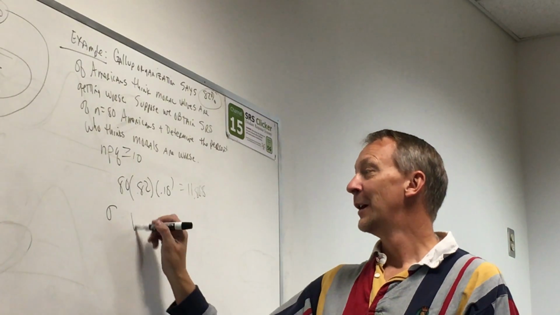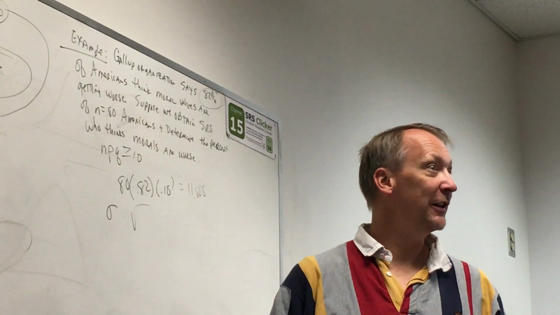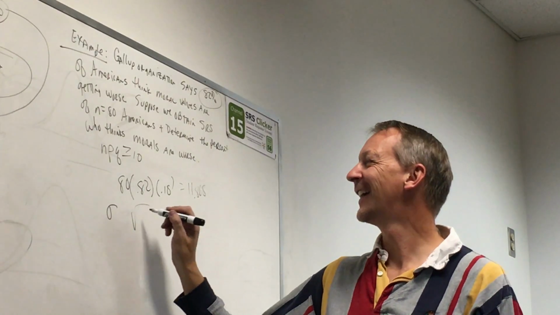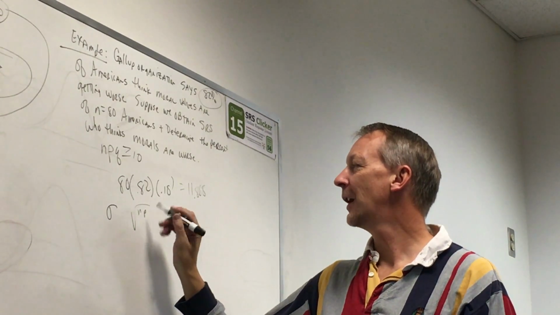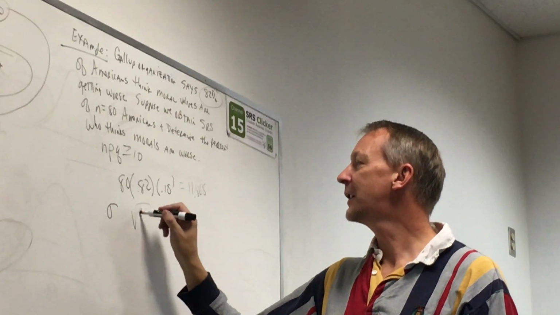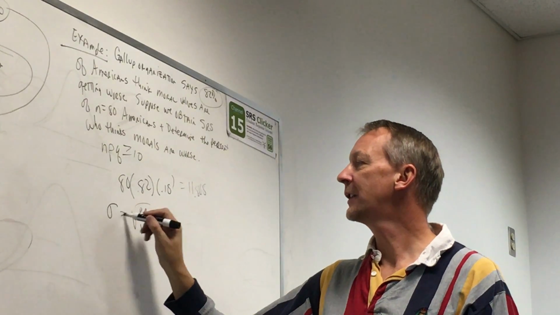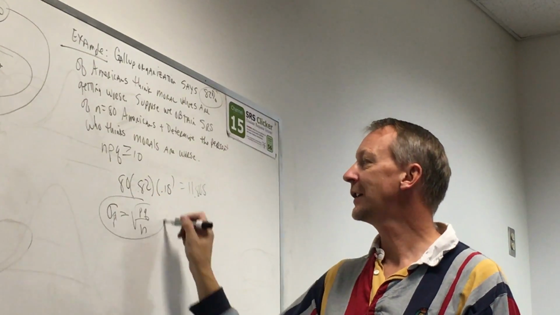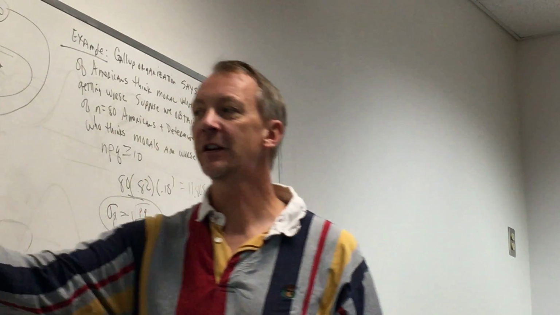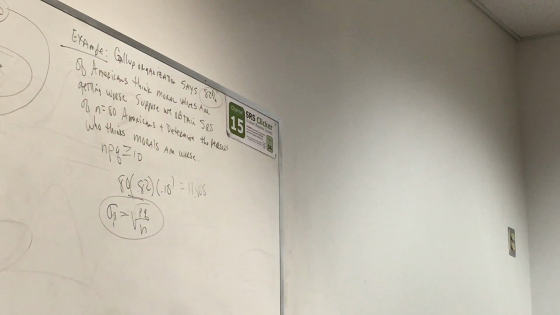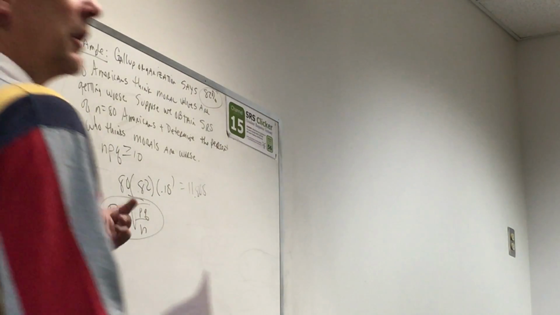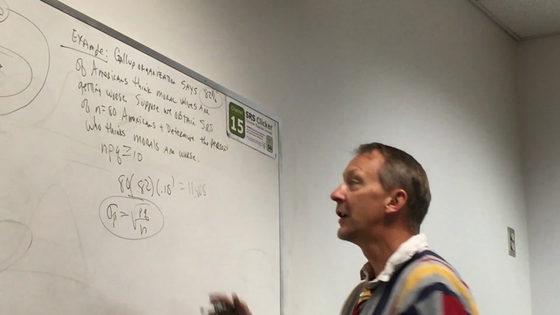Very good. Excuse me, I almost wrote NPQ. It's the square root of PQ over N, okay, in this case. So that's a different formula than the one I just taught you a few days ago. Okay? So remember to keep them straight, which one goes with which.